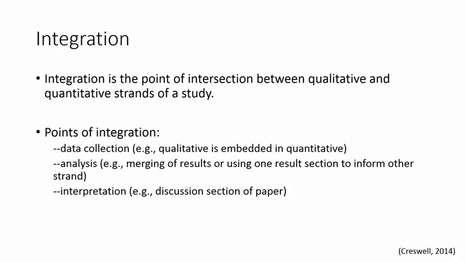That also occurs when we were talking about the interventionist design, right, where we have the qualitative data, let's say, that's informing my intervention. And it can also occur at the interpretation stage. So how do I make sense of these findings?